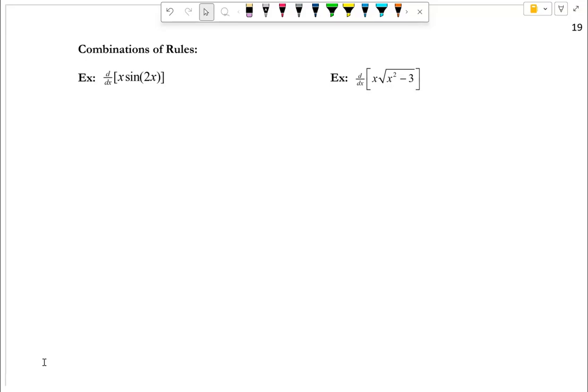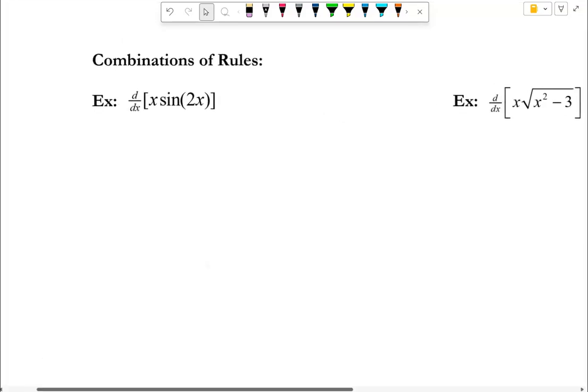So if we take a look at our first example, x times the sine of 2x, I need to recognize that first, the outer structure of what we're taking the derivative of is a product, that we have x times the sine of 2x. So I know I'm going to have to use the product rule.